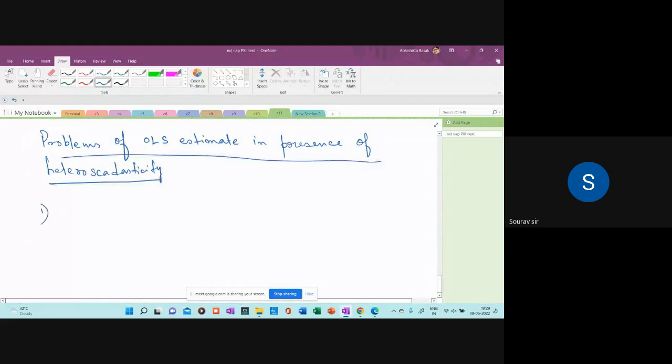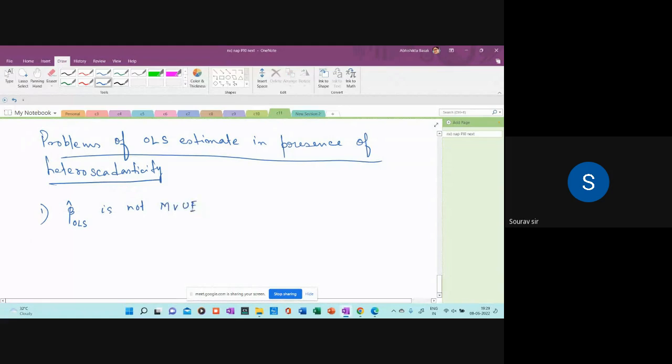Problem number one, that OLS of beta curl is not the minimum variance unbiased estimator. We know when we are using this Gauss Markov setup, we get the estimate of beta curl as beta curl hat OLS, which is the MVUE of beta curl. But when there is a presence of heteroskedasticity, then beta curl hat OLS is not MVUE.